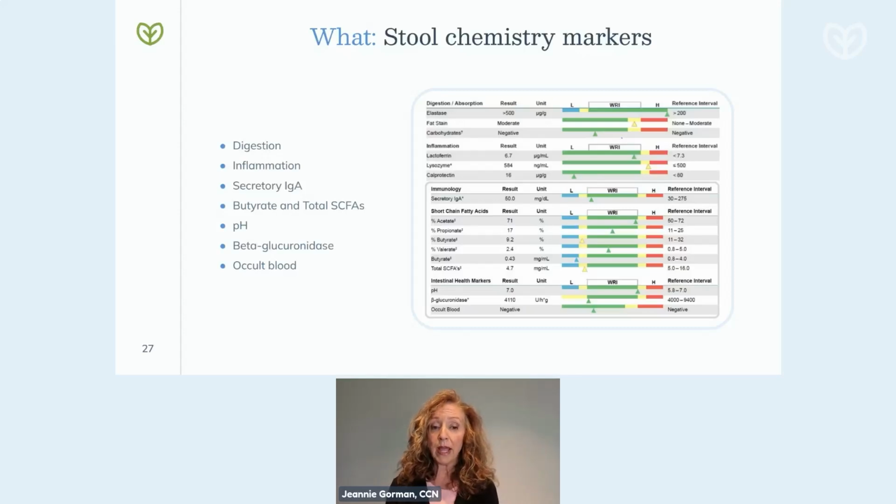We also cover secretory IgA, very important in the microbiome to alert the immune system to any invaders or problems coming down the GI tract. Butyrate is assessed, total short chains are assessed, again very important, the oil of the engine, is what I call it. pH levels, beta-glucuronidase is covered, and also occult blood.